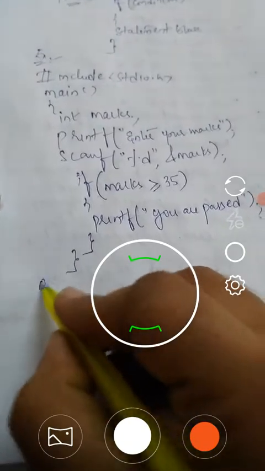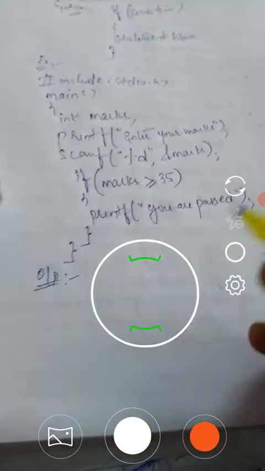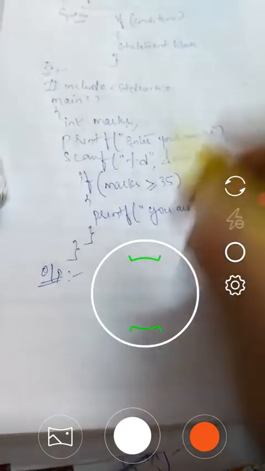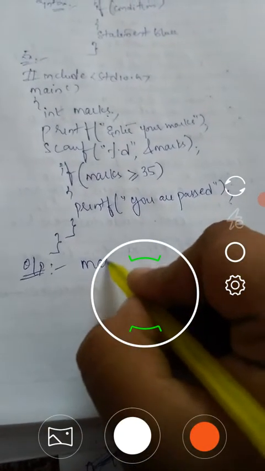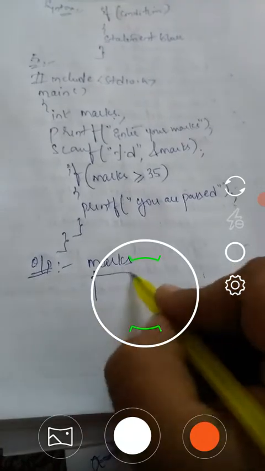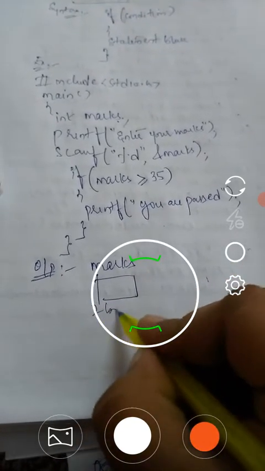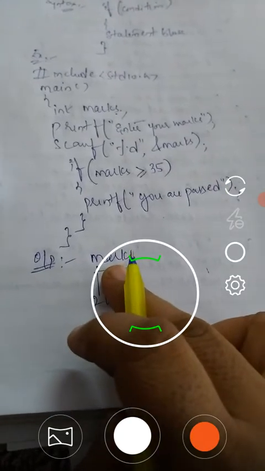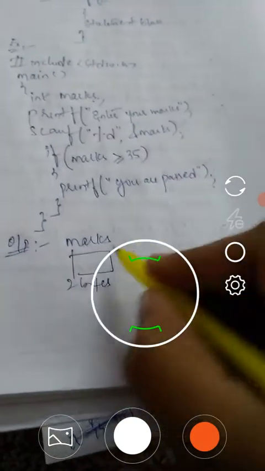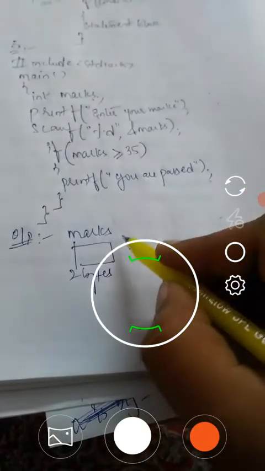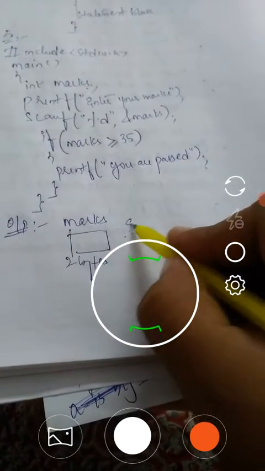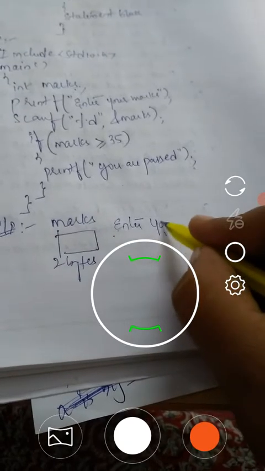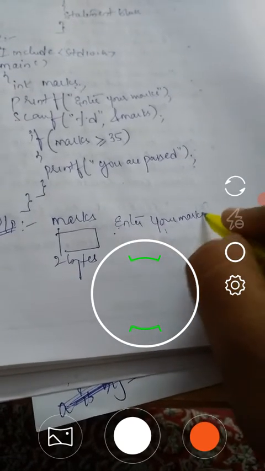Let us look into the output now. We used a variable called marks, which is of integer data type, so 2 bytes of memory is allotted to this marks variable. Then on the monitor we can see a statement called enter your marks.